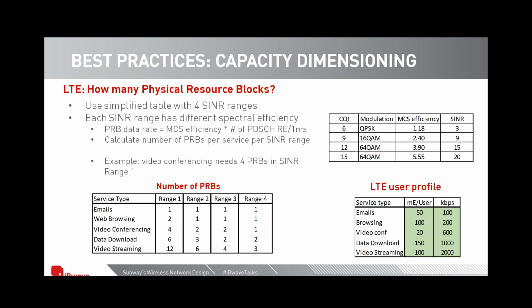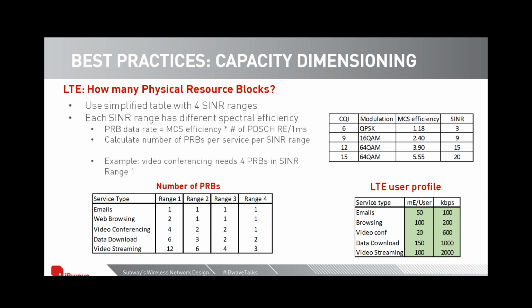Why 1 millisecond? Because that is the duration of physical resource block transmission. And based on the PRB data rate, which is going to be different in each SINR range, we need to calculate the number of PRBs per service per SINR range.